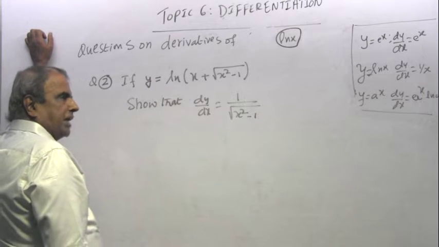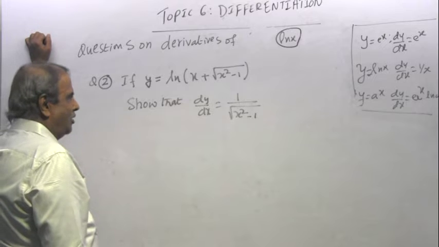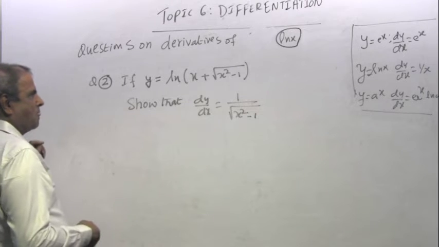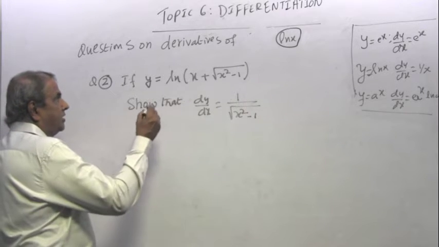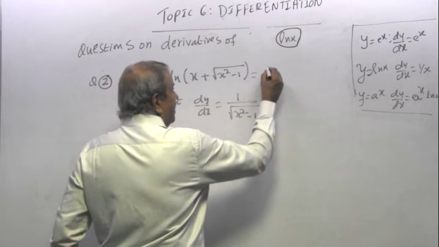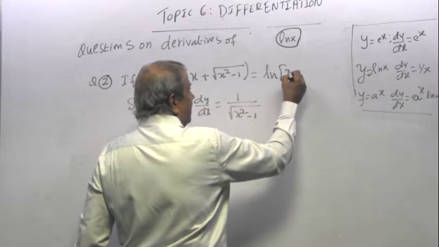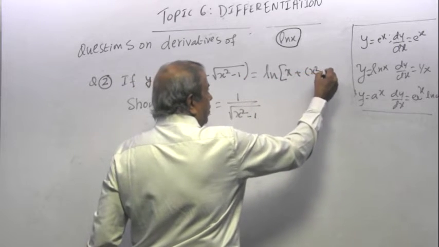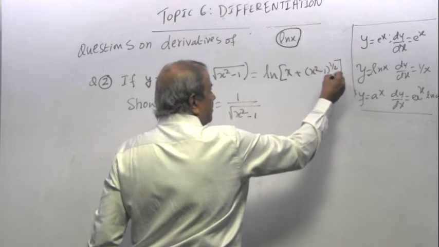Should I make it complicated by bringing in an a? No. Okay, let's leave it at that. Alright? Before I proceed, I'll write this as ln x plus x squared minus 1 power half.